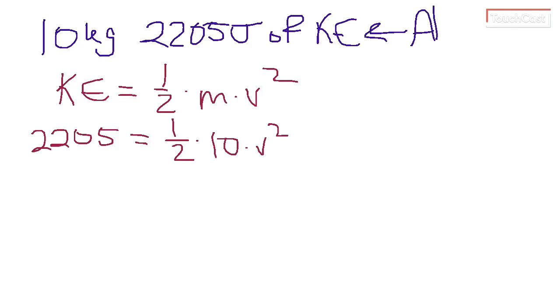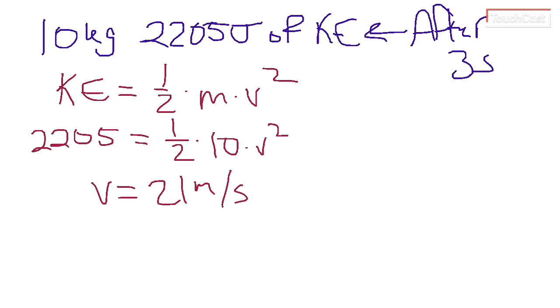Keep in mind that in this scenario, this is after 3 seconds. Using this information, I can solve for v, and v equals 21 meters per second. That's my velocity, but that still doesn't give me the net force. If this velocity occurred after 3 seconds, and we're assuming constant acceleration, which I didn't say in the question but easily could have, all I have to do is divide by 3.